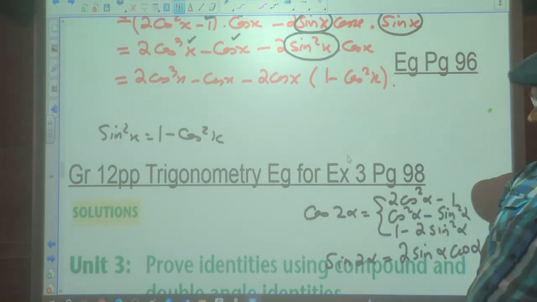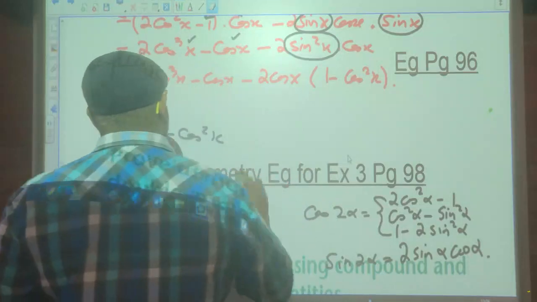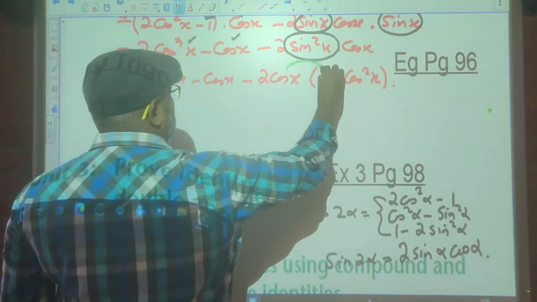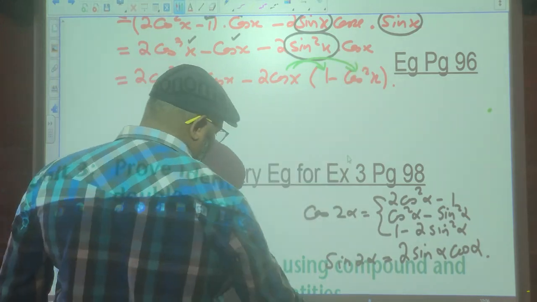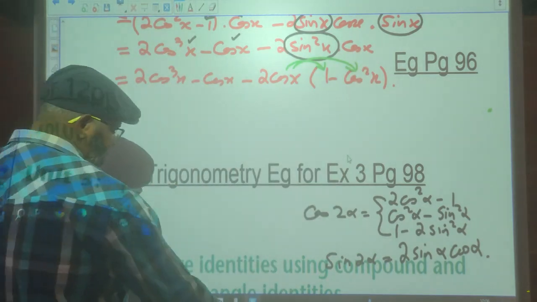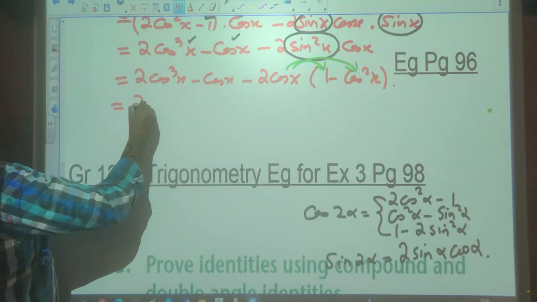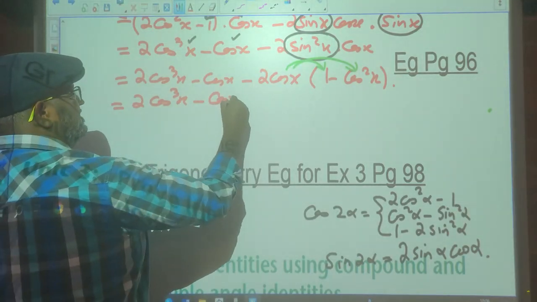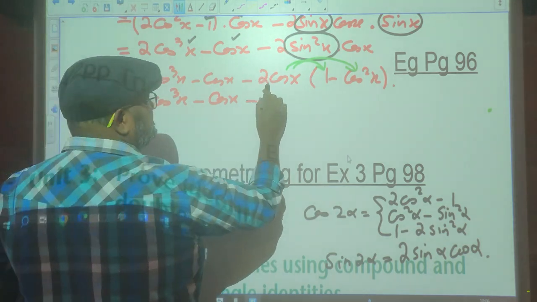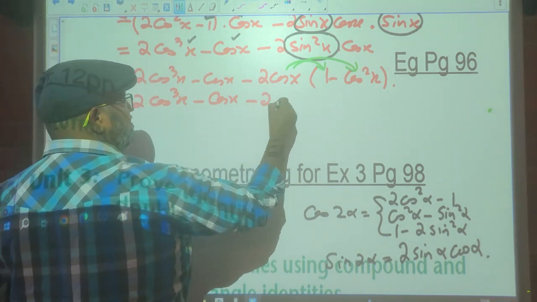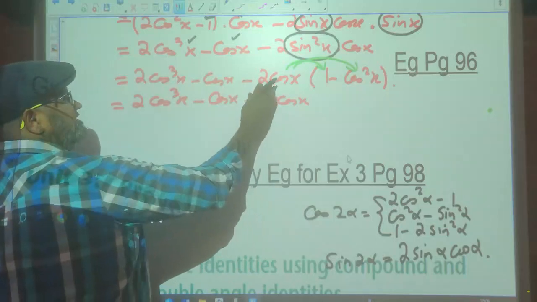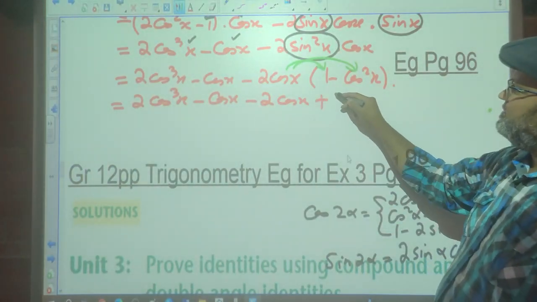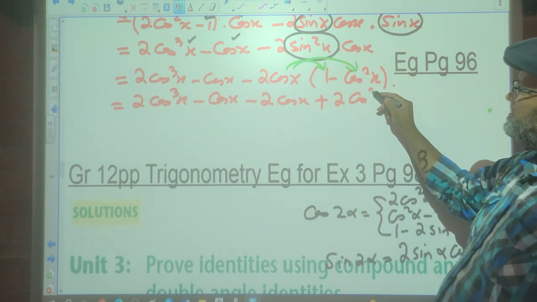Now what do we do, people? We rid the line from the bracket, not so. So what do we have? 2 cos cube x minus cos x minus 2 cos x, since negative 2 cos x times 1 is negative 2 cos x. Negative 2 cos x times negative cos squared x will give you positive 2 cos cube x.